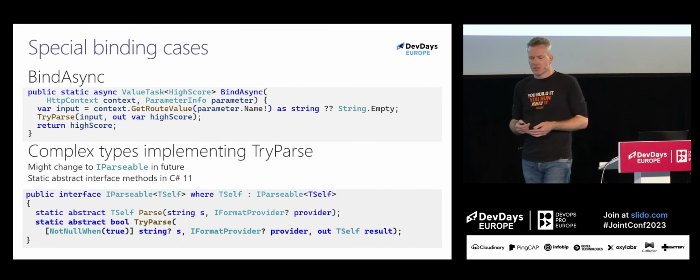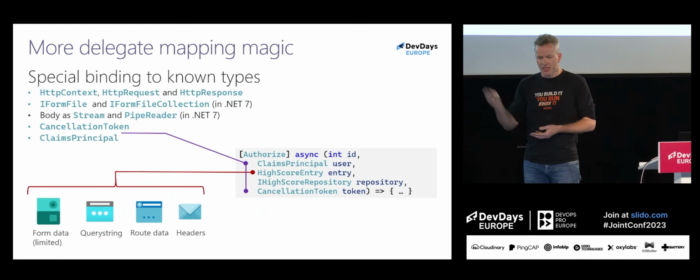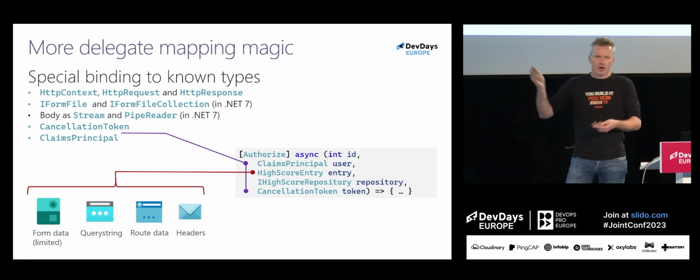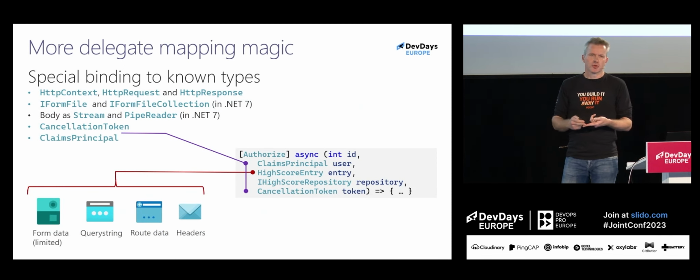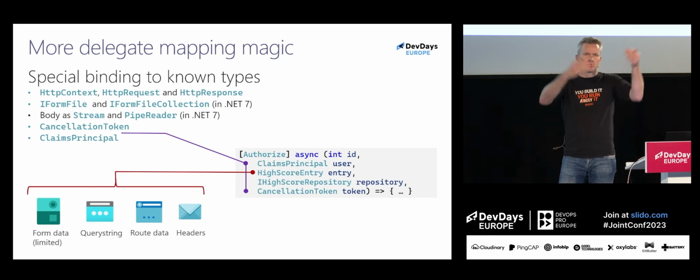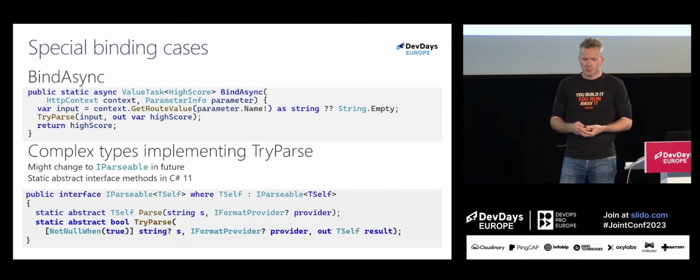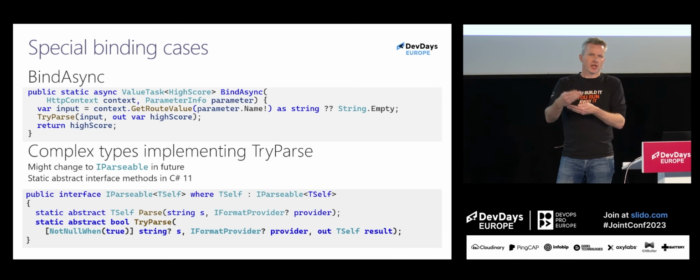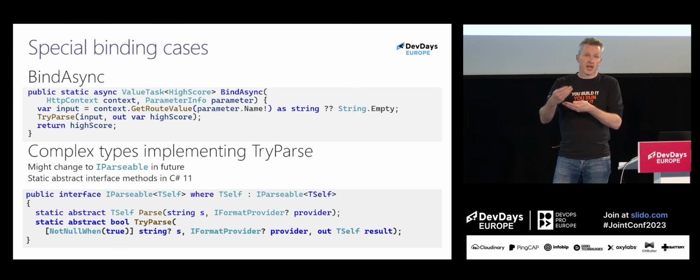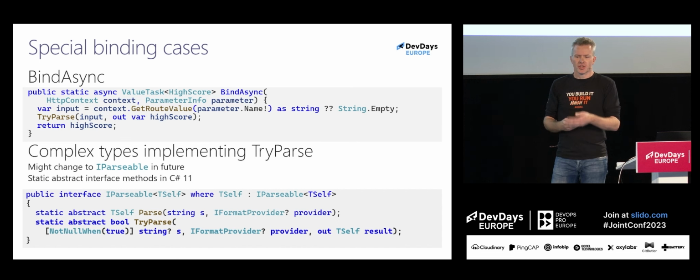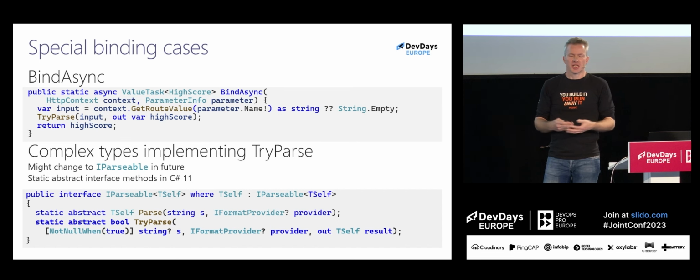Now the payload data, so we had this high score entry that came from either form data, from your query string, the route data, from headers, or all of these combined. You can pick various things and put them together in this object, high score entry. If you want to instruct the binding mechanism to behave in a certain way, you can take control by providing this method BindAsync. And BindAsync will say, okay, this is how you should do the binding.